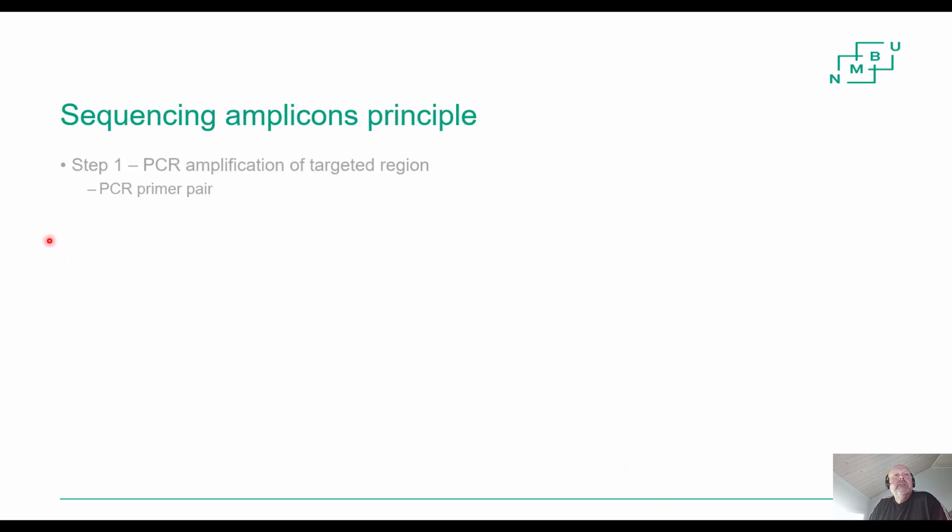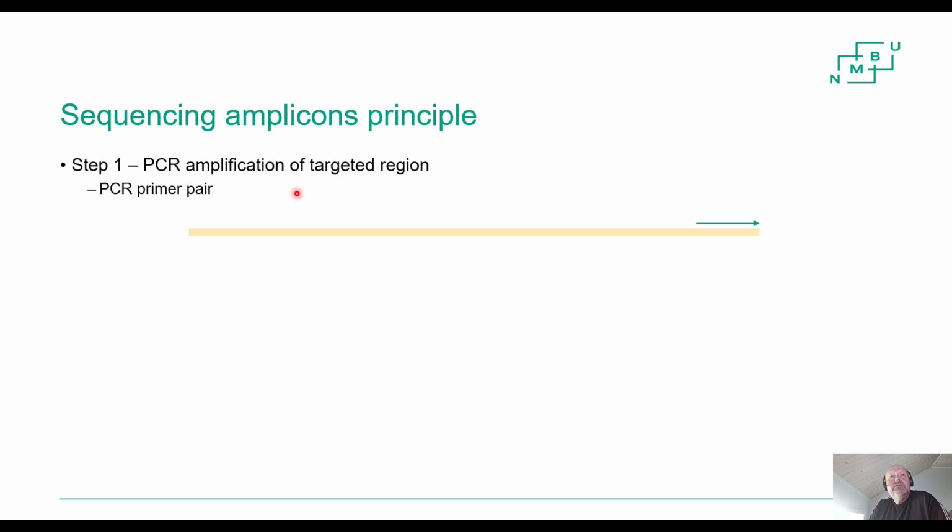So, amplicons. Step 1, PCR amplification of targeted region. So we need to have a PCR primer pair. And the primers will then bind to each end of this targeted region so that the PCR amplification can work on that between the primers, right? It's always the piece of DNA between the primers which is amplified.